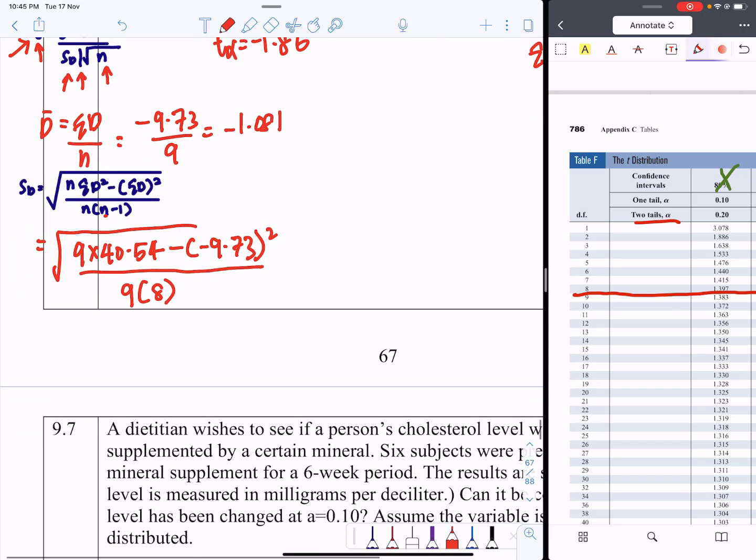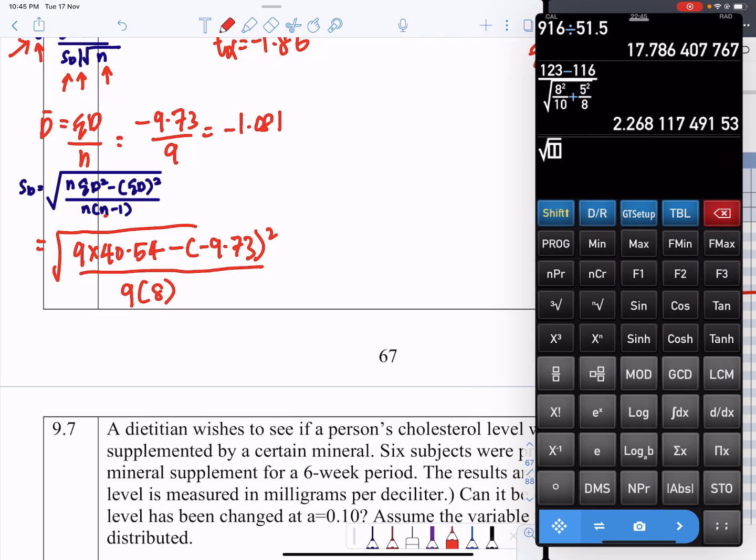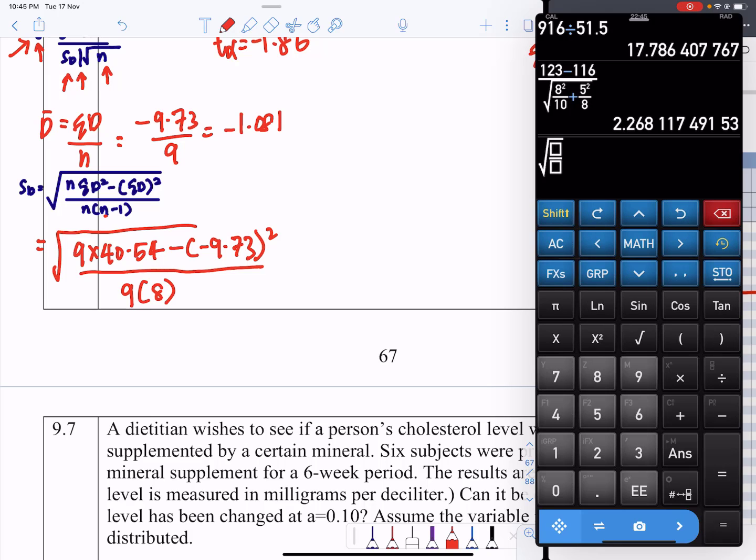Okay, and then we try to use the calculator. At the numerator, 9 times 40.54 minus, inside the bracket, minus 9.73, close the bracket, square.